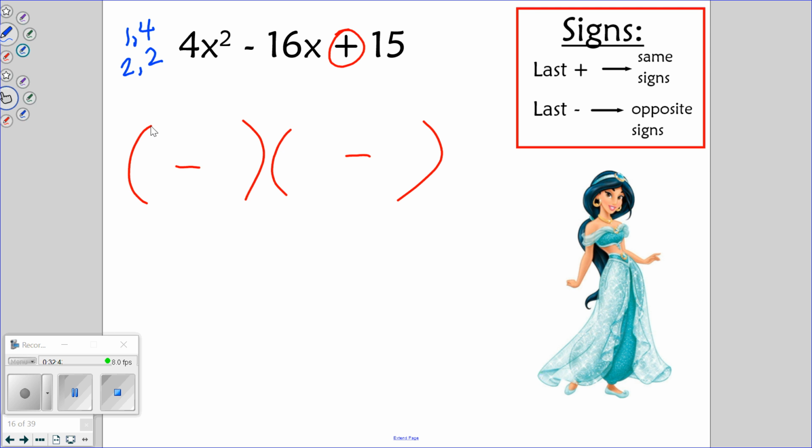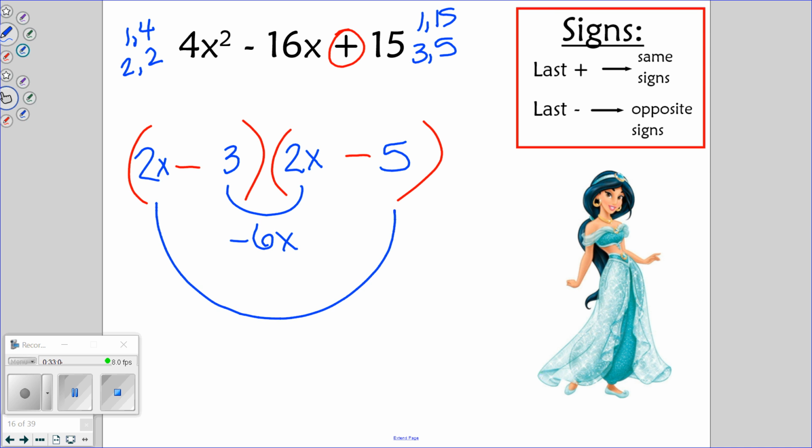Options for C. Okay, so you want to go 1 and 4 or 2 and 2? 2 and 2. 2x and 2x. 3 and 5. Okay, so if we check, we get negative 6x. That gives me negative 10x, which makes negative 16x.